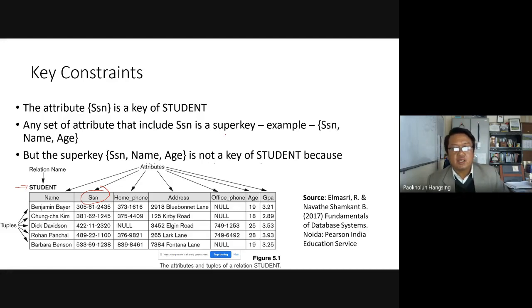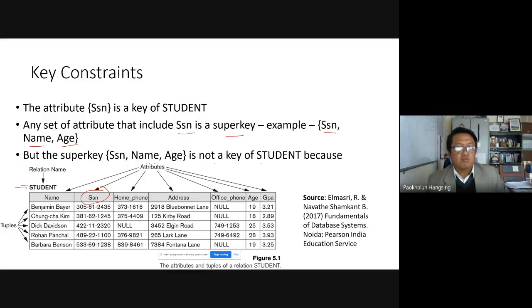For example, social security number, name, and age. If we take this combination of these three attribute values, we will have a unique combination of values, which is a super key. As long as it includes social security number, it can be a super key.